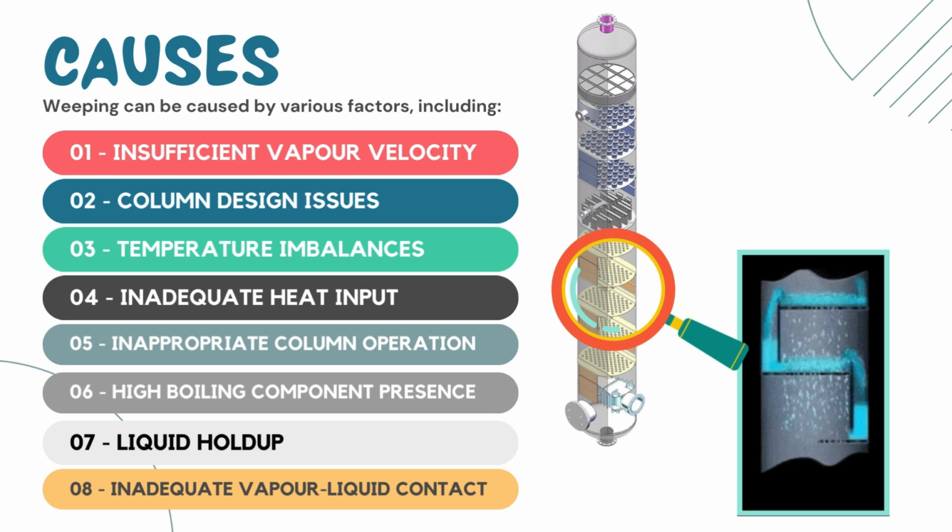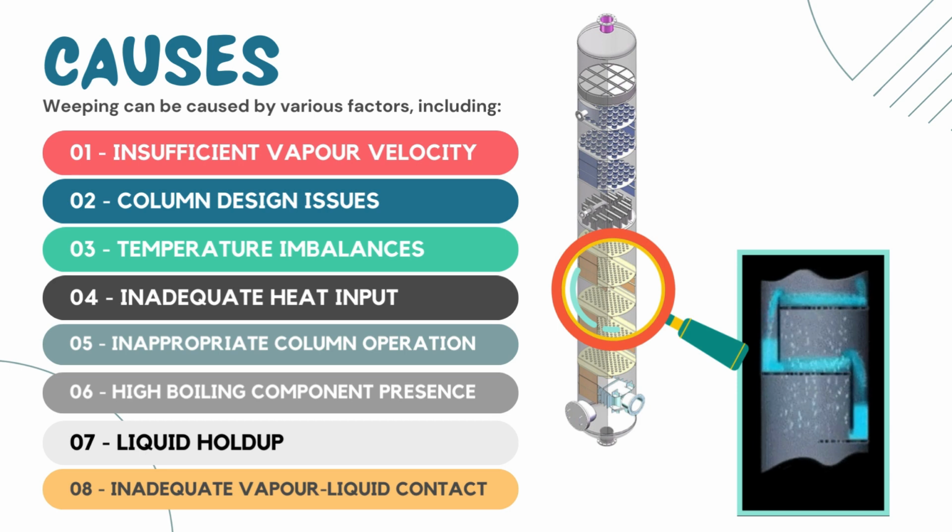And guys, the last factor, particularly for this video, which causes weeping in a distillation column is inadequate vapor-liquid contact. Guys, insufficient contact between the vapor and liquid phases can contribute to weeping, and this lack of effective mass transfer can hinder the separation process severely. Okay?